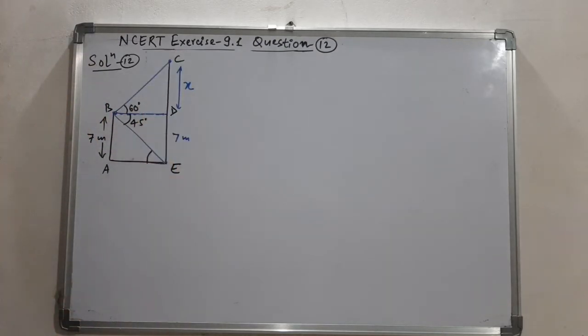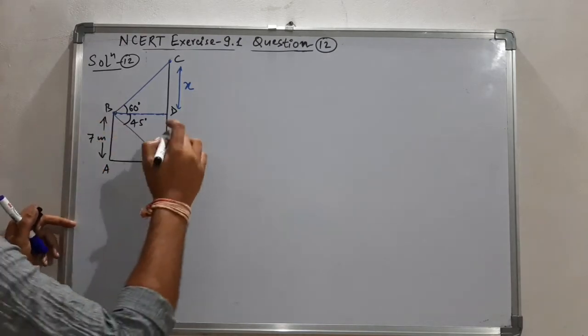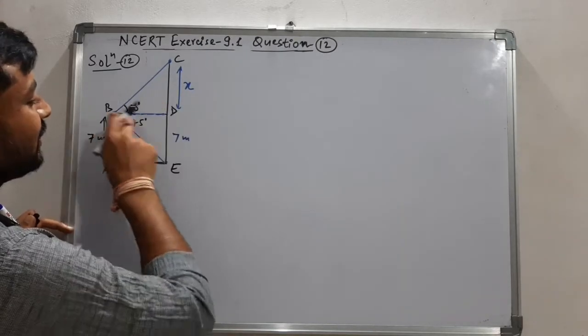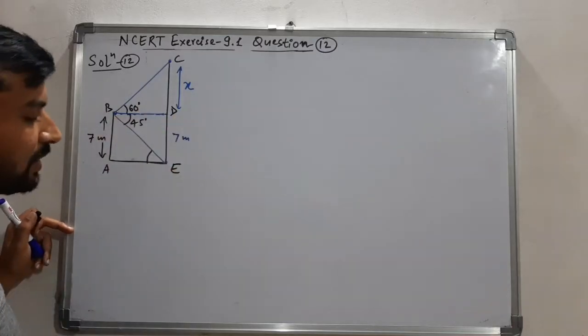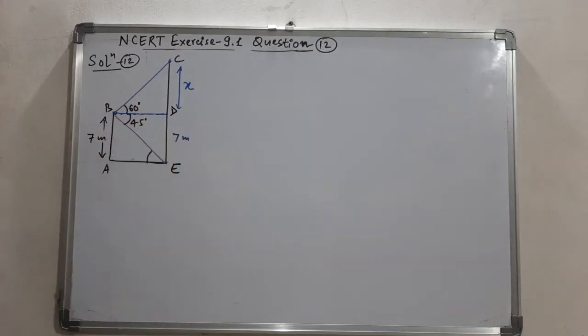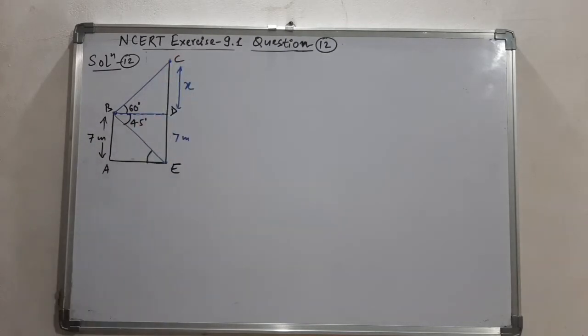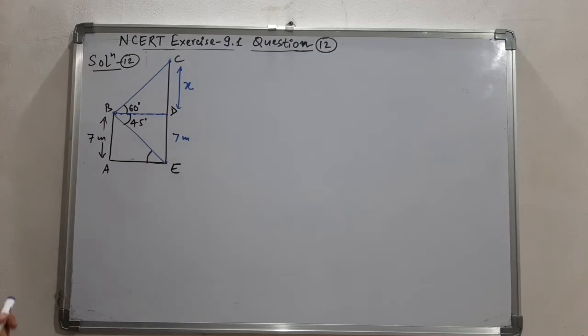Now this is a very simple situation. Here AB is height of building, it will be same as DE. AB और DE जो है ये अगर एक हॉरिजॉन्टल लेवल हम माने तो AE और BD जो है वो पैरेलल लाइंस होगी, तो DE जो होगा वो भी 7 मीटर आएगा. Let us assume that CD, the remaining part of this tower, is X. So once if we calculate the X, we can add X with 7 to get the height of tower.